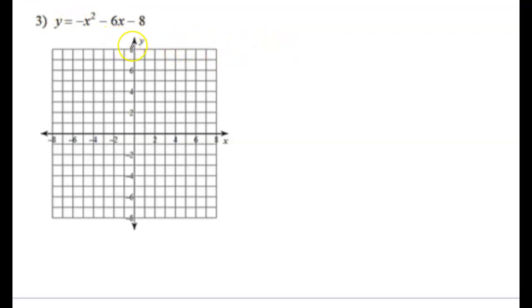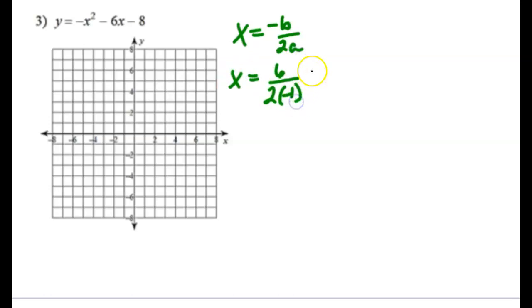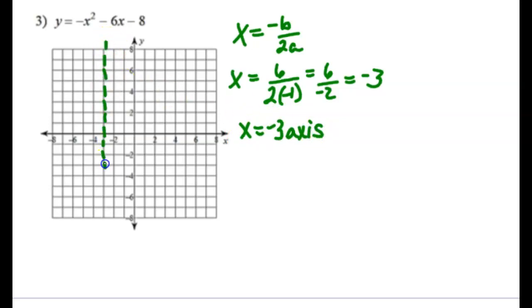If we go through 3, you could plug this in your calculator. I'm going to do it without. I'm going to find the vertex by x equals opposite of b over 2a. So I'd have positive 6 over 2 times negative 1, which would be 6 over negative 2 or negative 3. That means x equals negative 3 is the axis of symmetry. And the vertex is somewhere on that line.